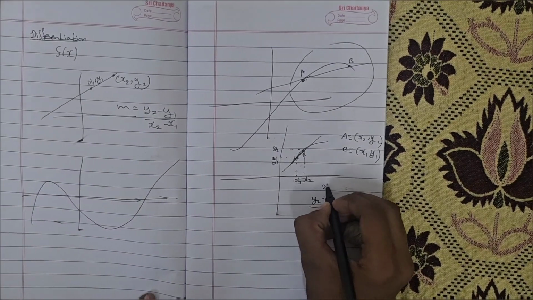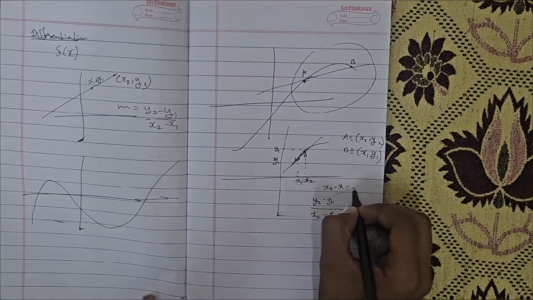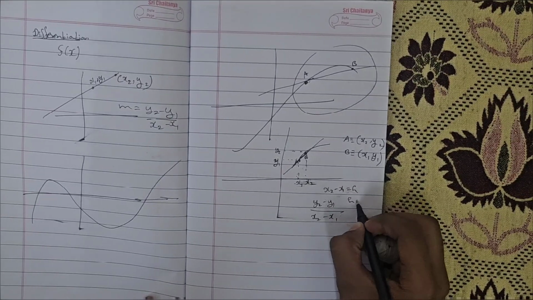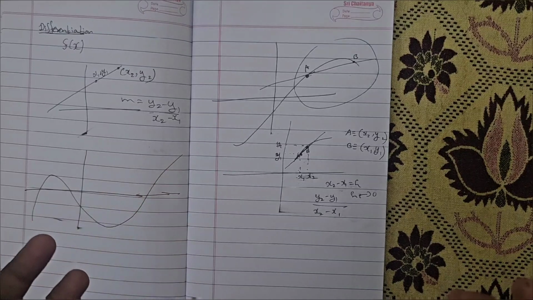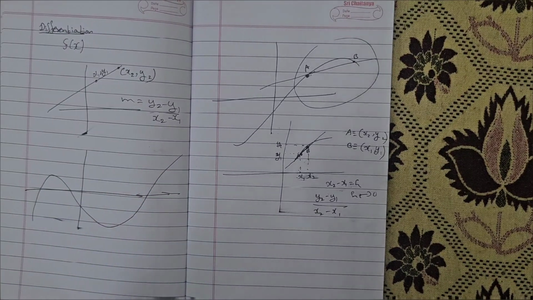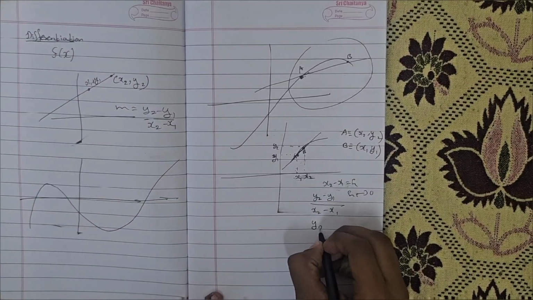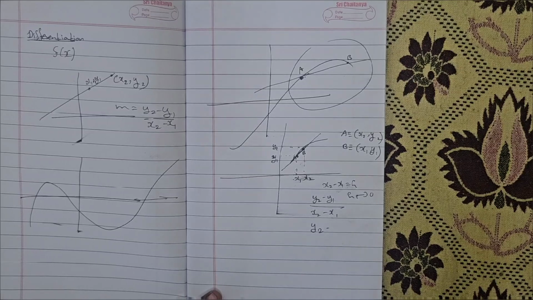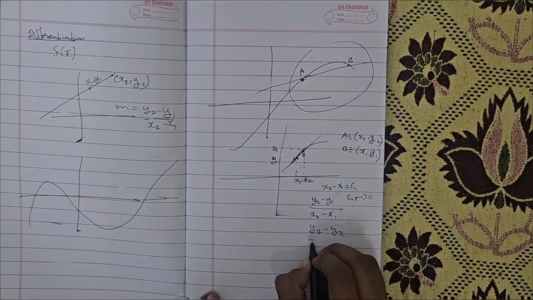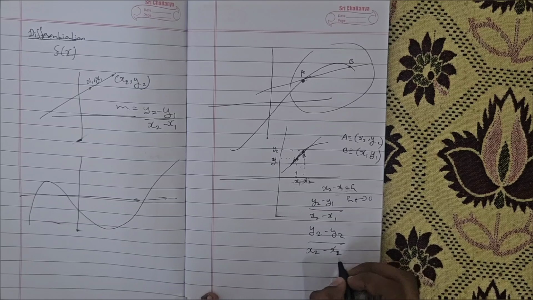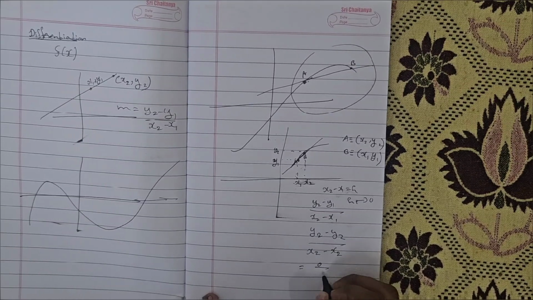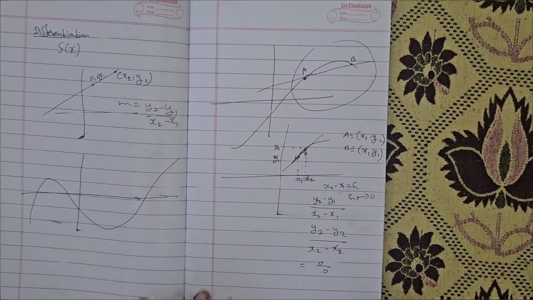Let's say x2 minus x1 equals h, and h approaches 0. But what happens if it is equal to 0? We get a problem. It's the same exact point, so y2 minus y2 divided by x2 minus x2. So we get 0 by 0. We can't define this form.